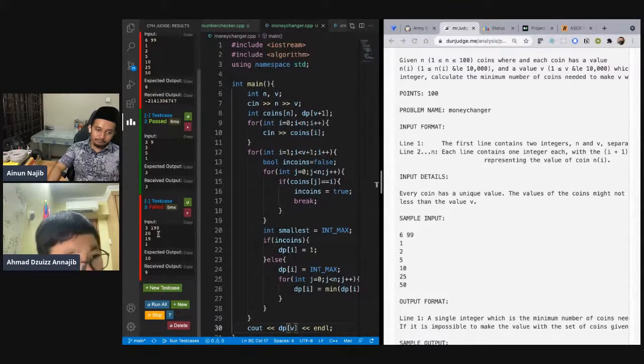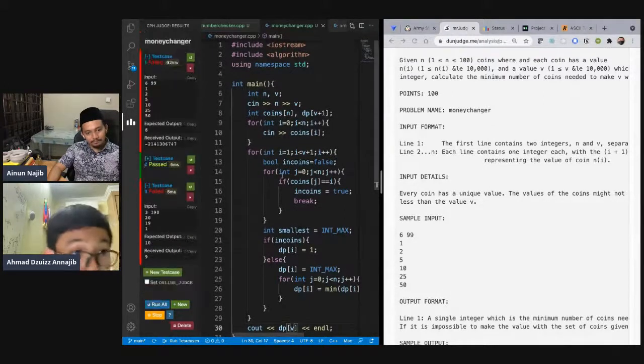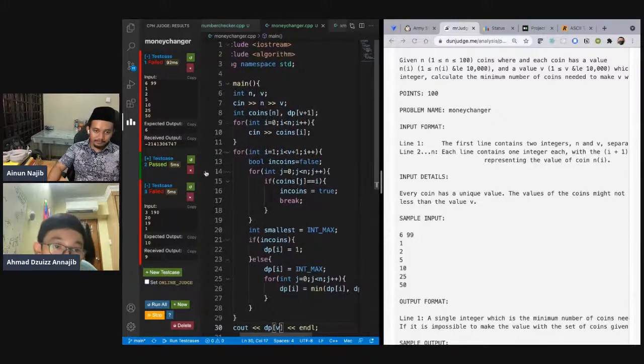Why is this one wrong? Can you extend the window so we can see?